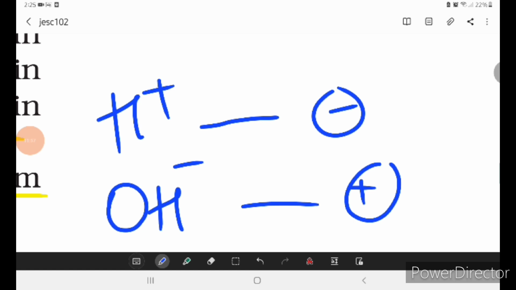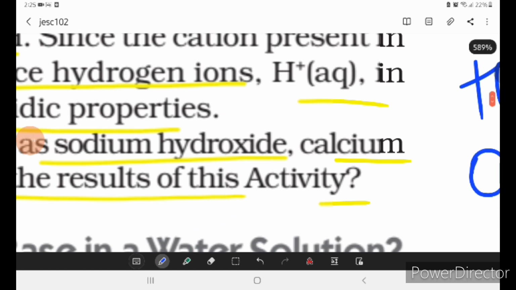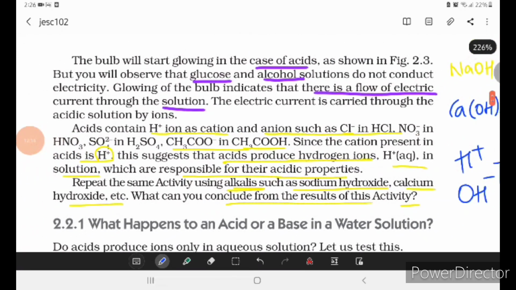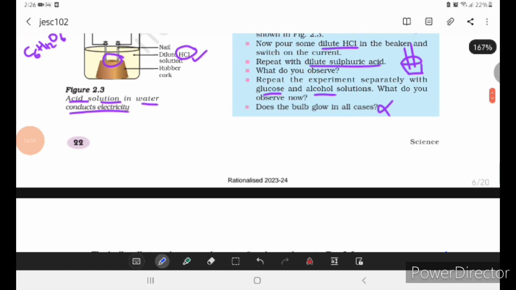These ions are responsible for carrying the electric charge and make the bulb glow. So bases also conduct electricity. In bases OH minus are the anions and in acids H plus are the cations. So this is what we have discussed today.